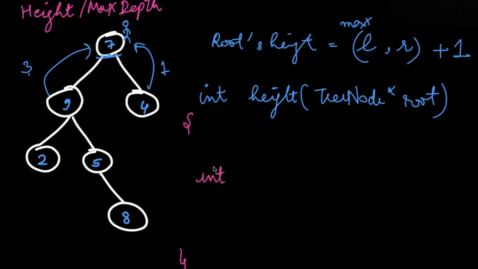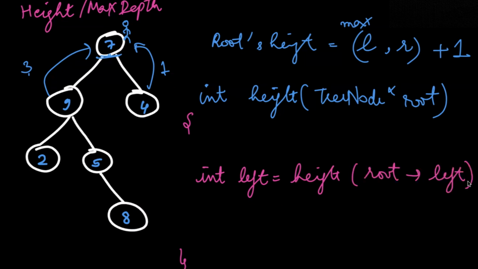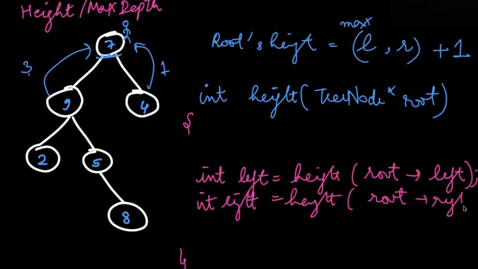We will somehow get the left height. That means what is the left height? The left tree's height. How do we get it? We'll call the same function saying, please get me the height of root's left. Then what is the right height? We will say, please get me the height of the right tree, like that. Now this is done.